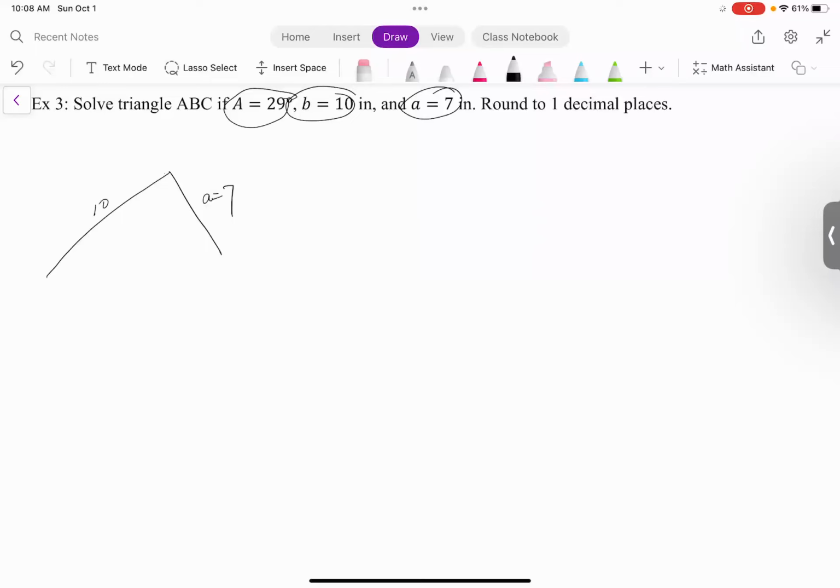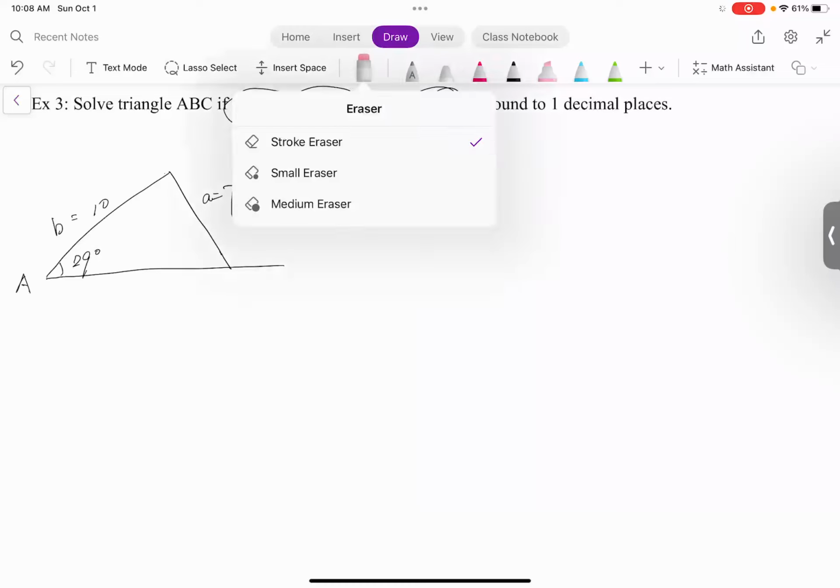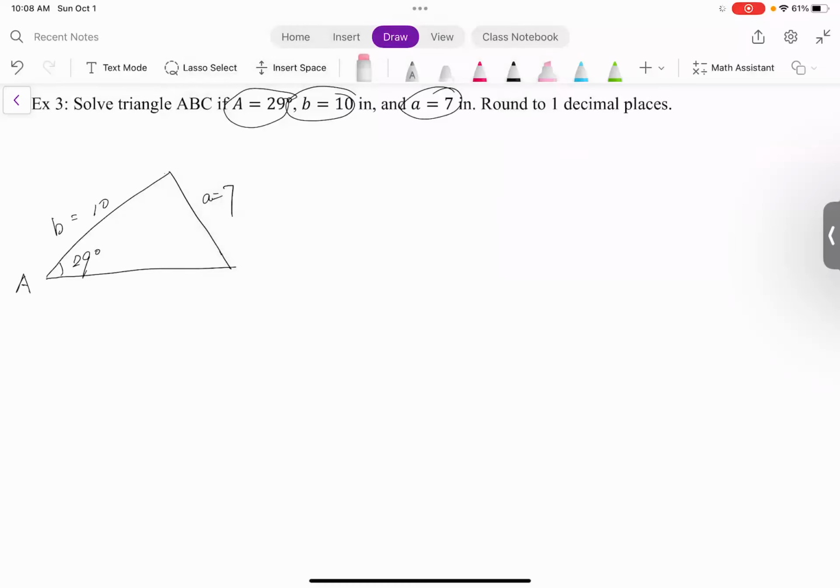And the opposite of a is angle A. I know this angle is 29 degrees. So I feel this one is too long. Okay, so maybe I could have another case. I don't know, maybe later I need to try. Maybe a is here, equals 7. So let's see, do I have two cases?